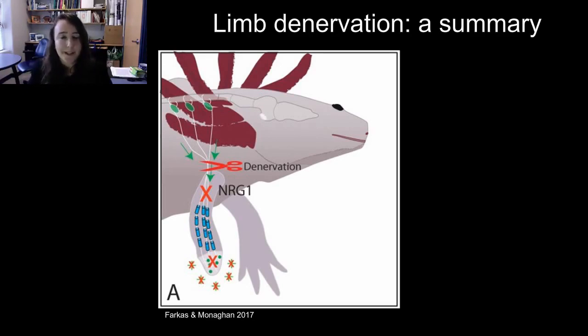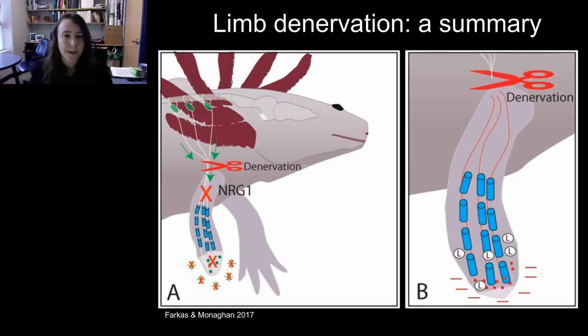We're preventing that signal from traveling from the cell bodies down the nerves and from being released at the wound site. But we can also now say that there's a second aspect, a little bit less appreciated, perhaps less studied, to limb denervation that also prevents regeneration. And that is this sort of introduction of a negative or inflammatory signal from those nerves themselves which have been denervated.